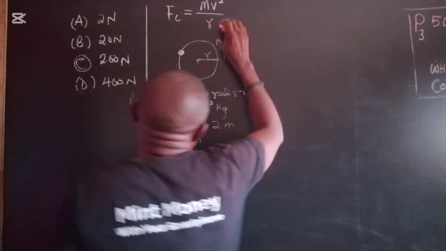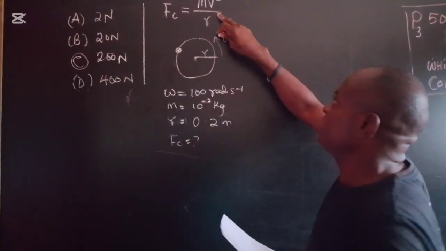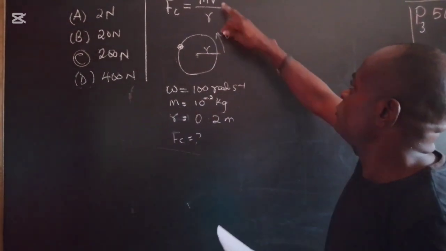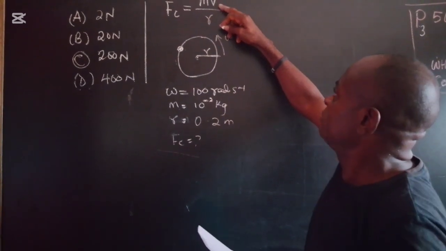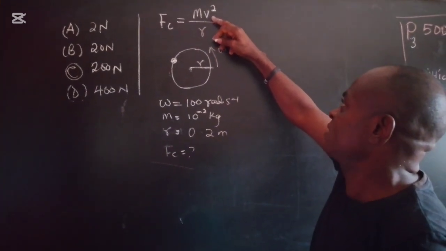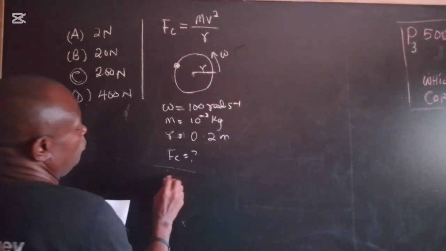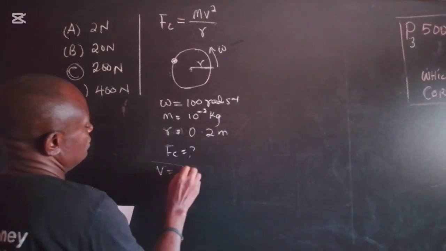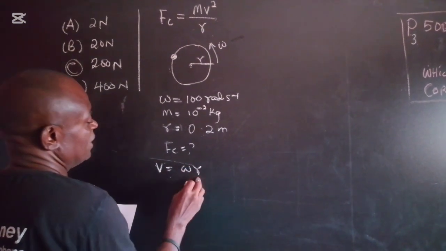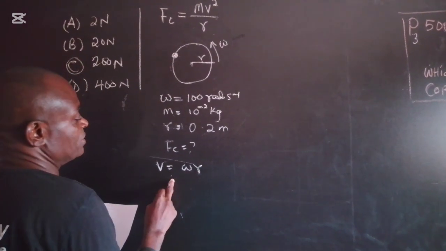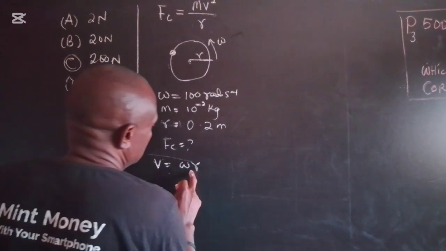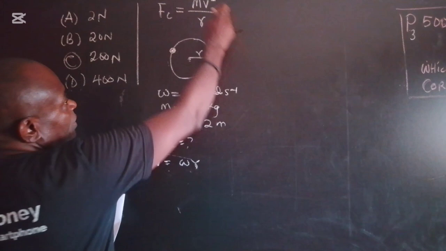Now, to be able to find FC from this formula, we will need to know our velocity, that's our linear velocity. But we know that linear velocity is equal to angular velocity times the amplitude or times the radius. So we will substitute for this.